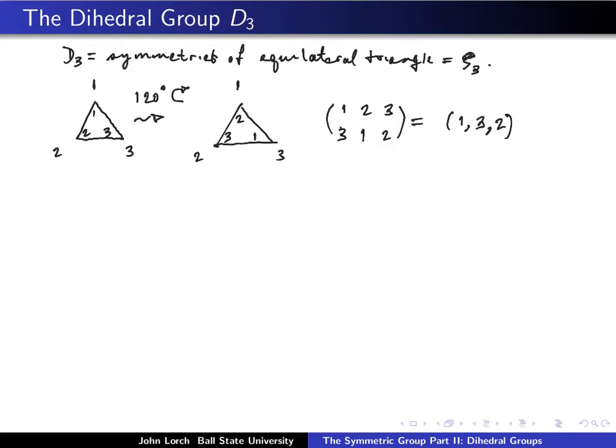Okay, so we can take a rotation like this, or, for instance, the other rotation, which would be (1 2 3). In fact, let's use that one. We're going to call it F. So F is (1 2 3).